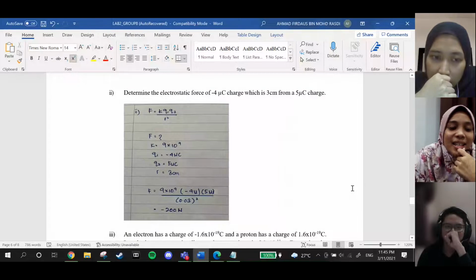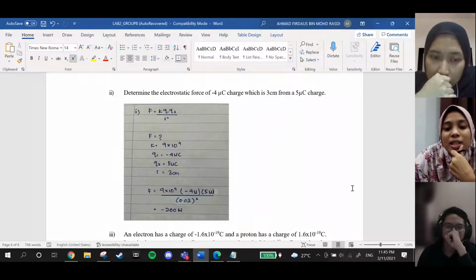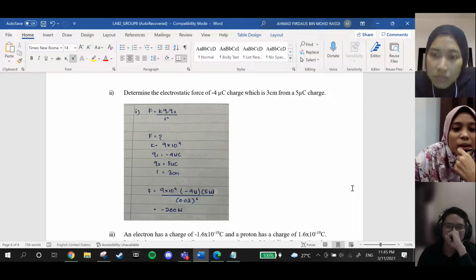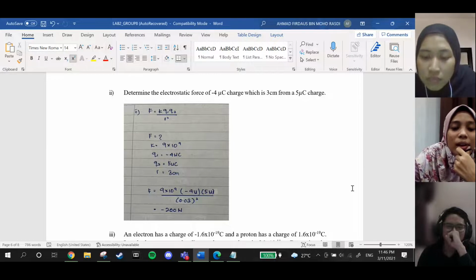Okay. Next, determine the electrostatic force of a negative 4 microcoulomb charge which is 3 centimeter from a 5 microcoulomb charge. So we substitute the values. So Q1 is negative 4 and Q2 is 5. And then the distance is 3 centimeter. Change to SI unit, so it becomes 0.03 meter.